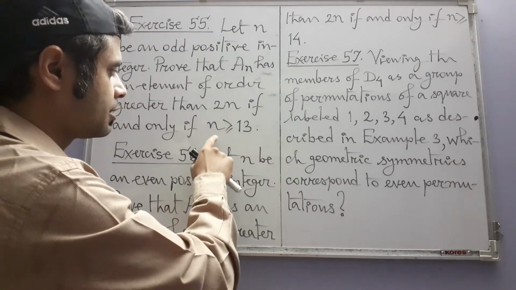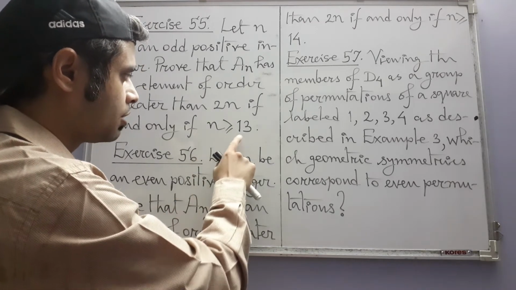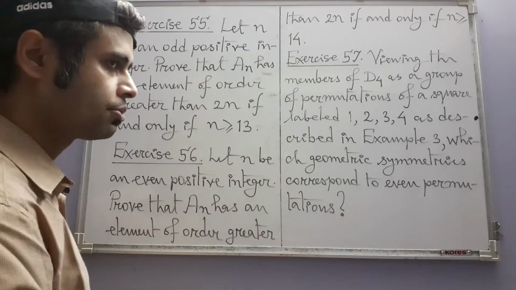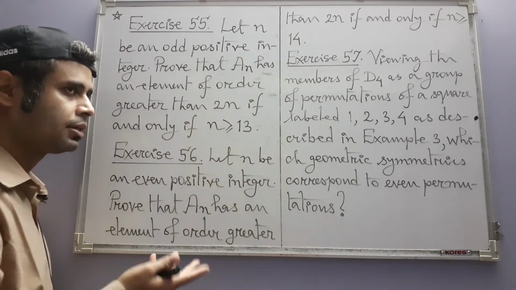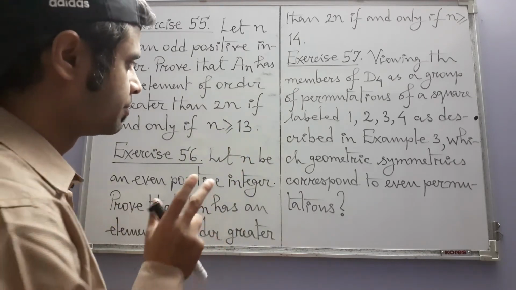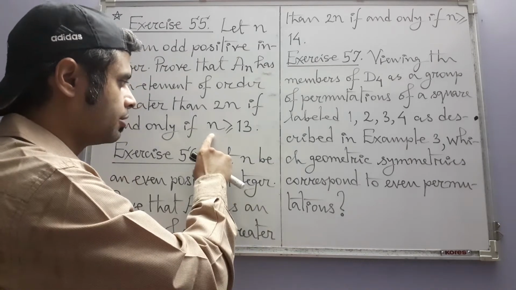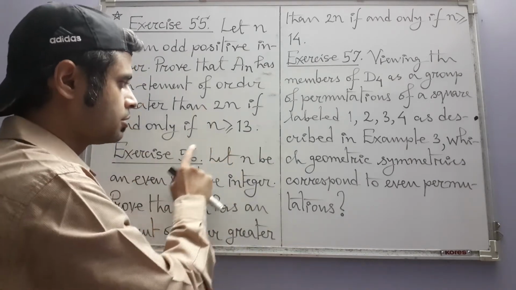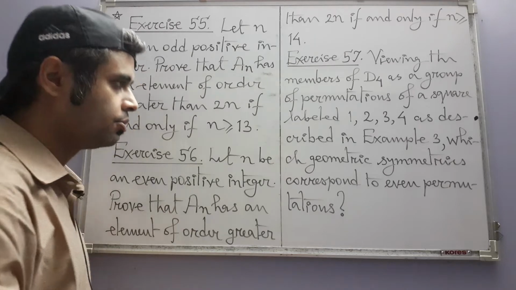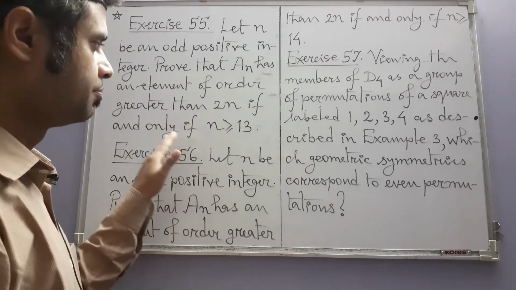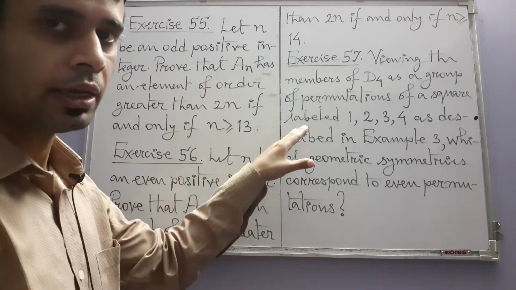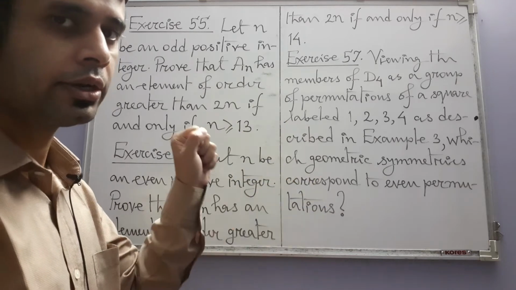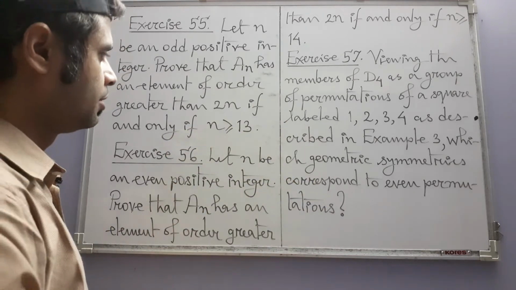It may be the case that you have to consider n equal to 13 separately. Whatever turns out to be the case, you have to write the solution accordingly. And in those cases, you have to show that there is an element in the corresponding A_n whose order is strictly greater than 2n.